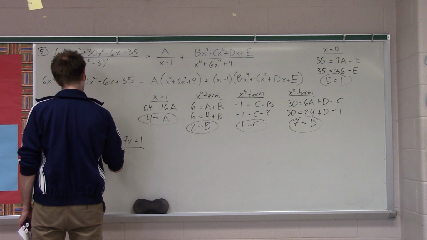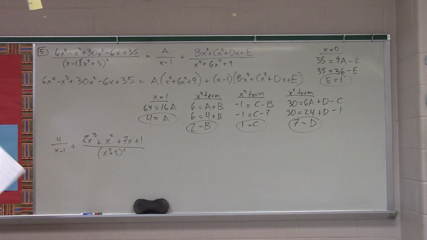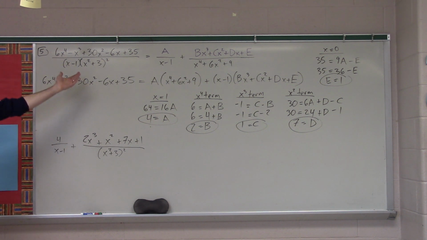Okay, and now we're going to have a repeat of the conversation we had in class, and that is that this is technically correct. All this algebra we did was correct, and this answer is correct.